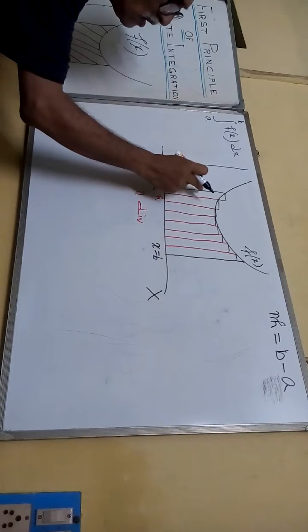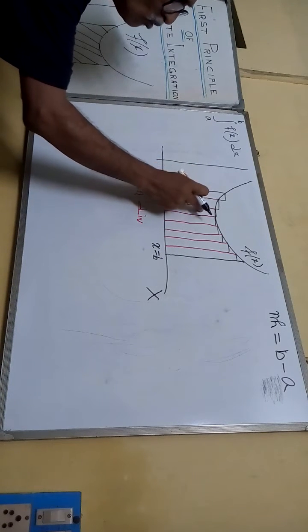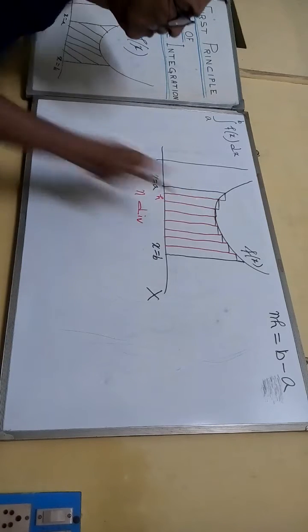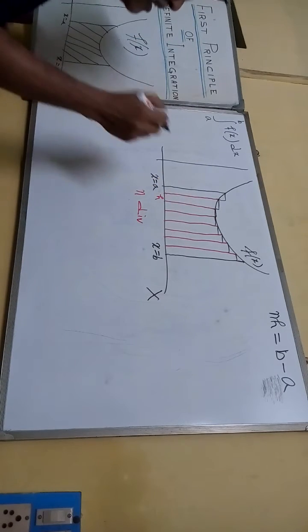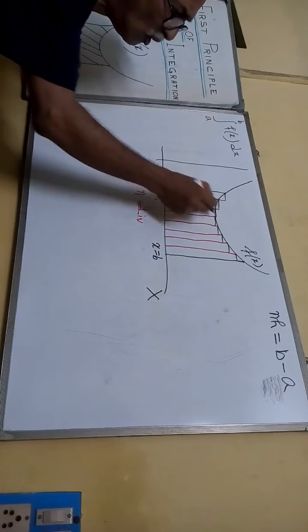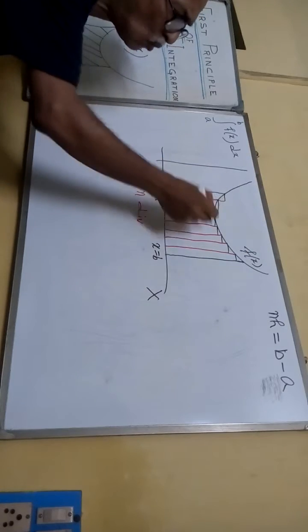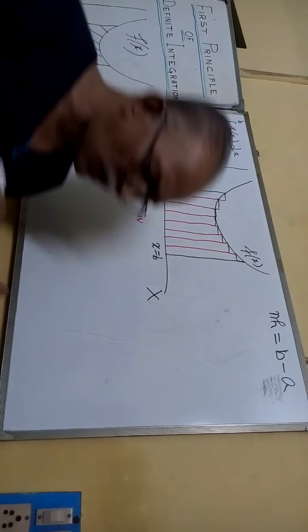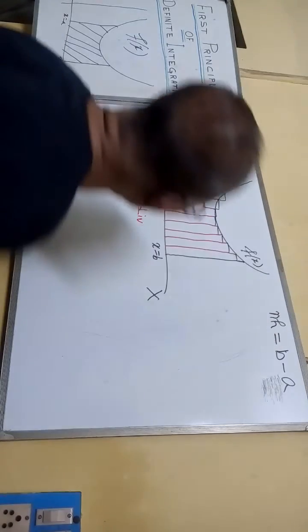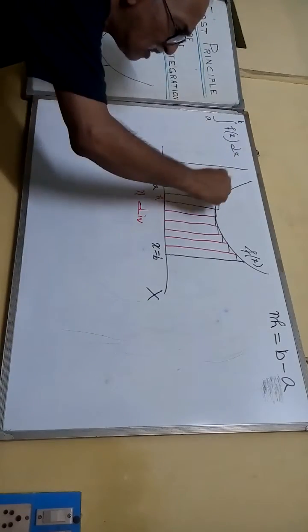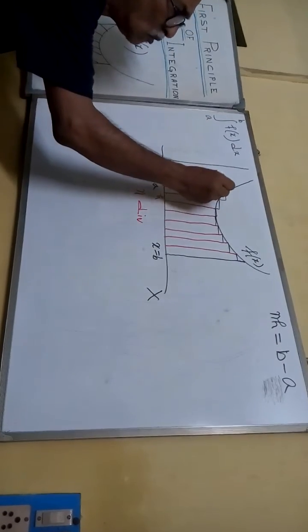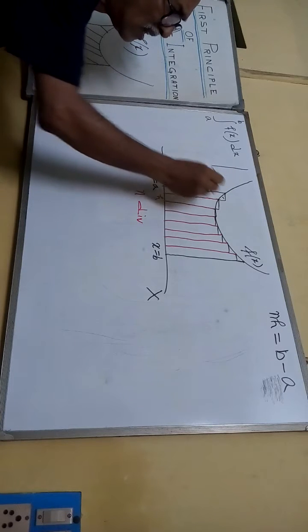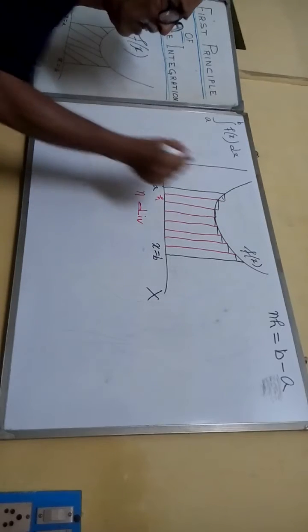If we are calculating the area of each of these rectangles, then the area will not be exactly equal to the area under the curve, because this is the difference between the original area under the curve and the area of the rectangle.